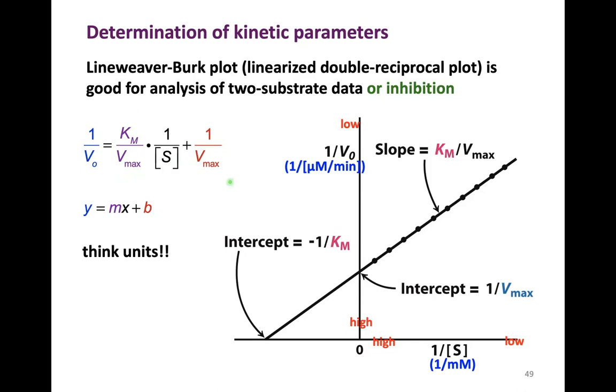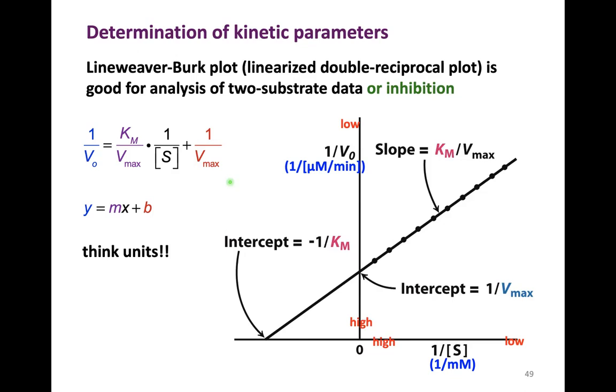This is a very useful tool, and this is why people did it back in the days before you could do nonlinear curve fitting. It would tell you what Km was, as well as the initial velocity.